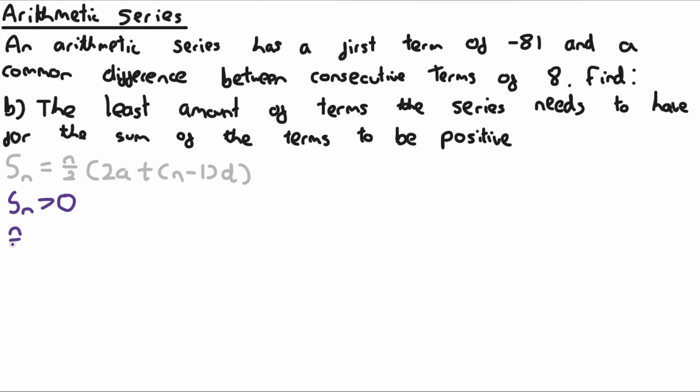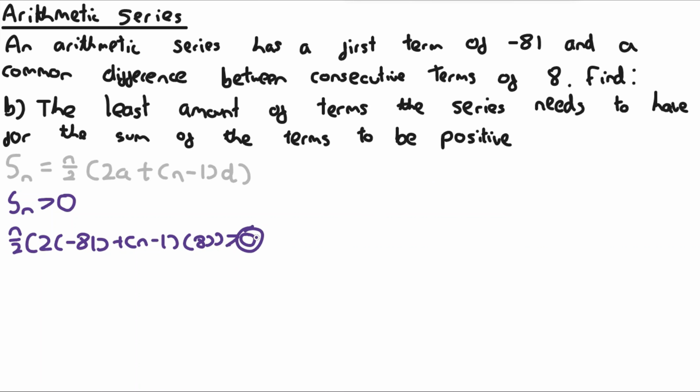So when n over 2 of 2a, and we know that a is equal to minus 81, so 2 of minus 81 plus n minus 1, and then d is 8, and when this is bigger than 0. This is just an inequality that we can solve. First, I'm going to times both sides by 2 here to get rid of the 2 in the denominator.